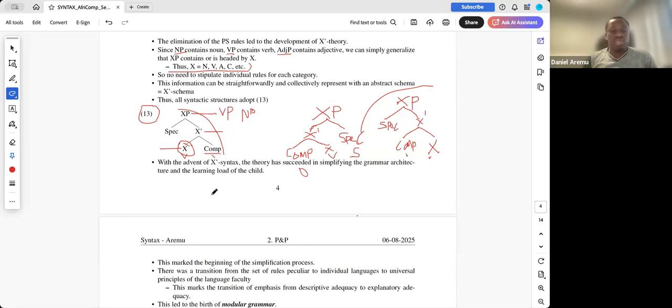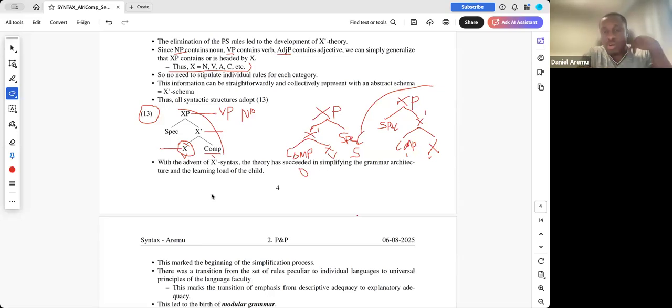So X bar theory, and not just X bar theory, the principles and parameters theory itself, is like an analysis or a mechanism or an approach towards explanatory adequacy. So the PS rule is more descriptive. It's just describing what you have, the fact of the language, right? You have a VP, then you have a V and then an NP for that VP and everything like that, right?